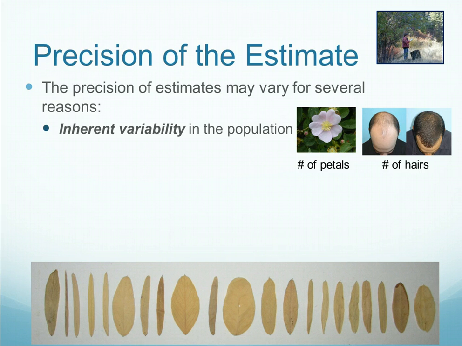For example, if we consider the number of petals in a wild rose flower, in general, wild roses have 5 petals. There's occasionally variation in nature, but in general it's relatively invariant. Another example of a variable that has more variation in the population is the number of hairs on the head of adult men.